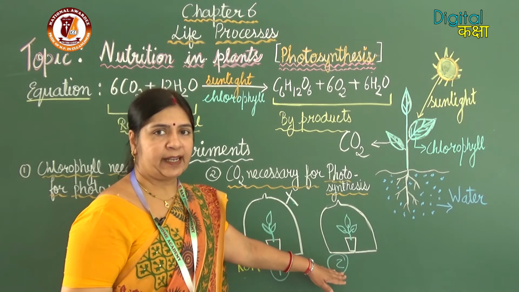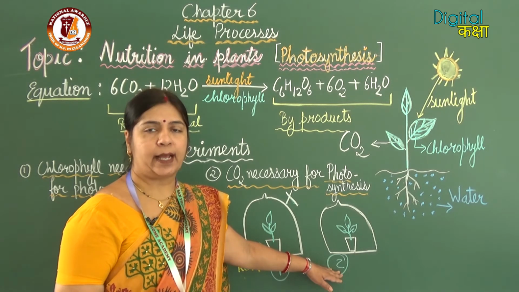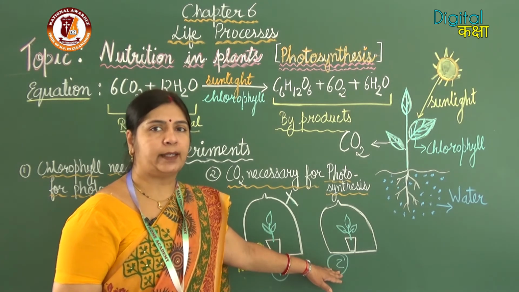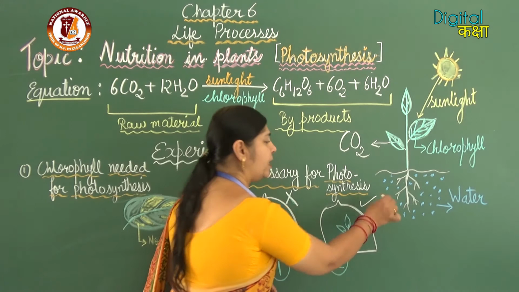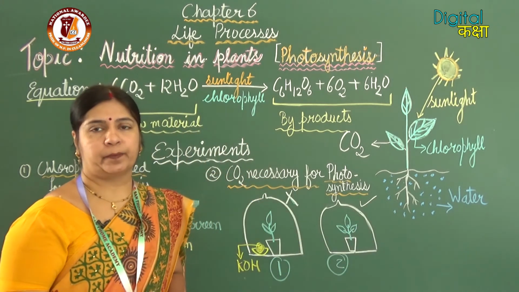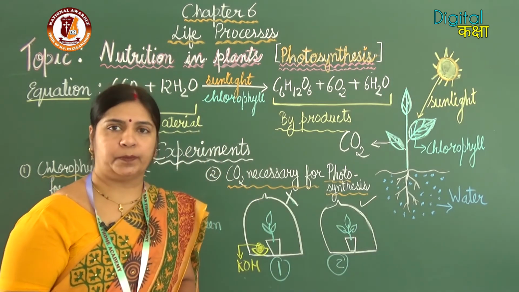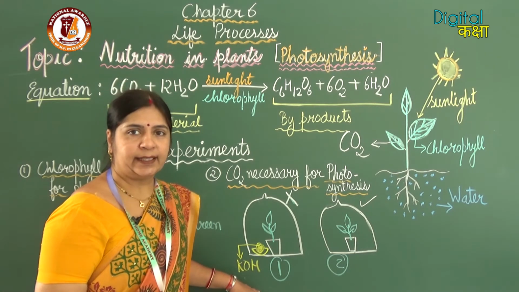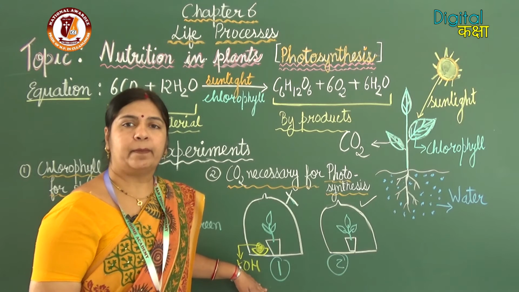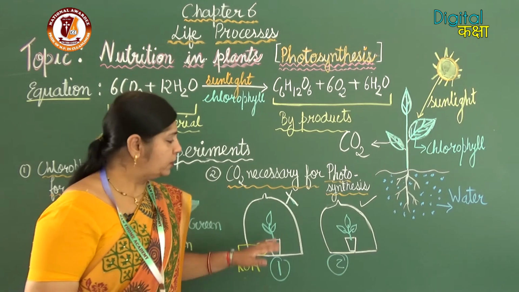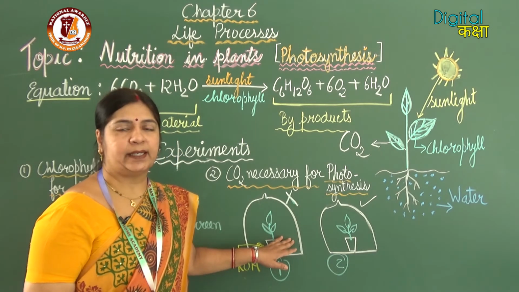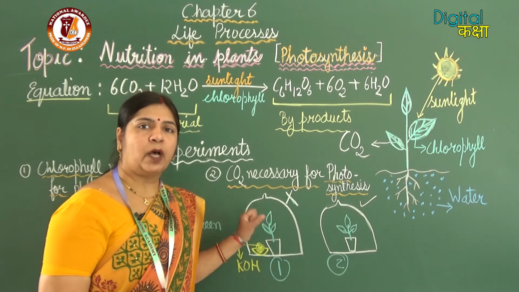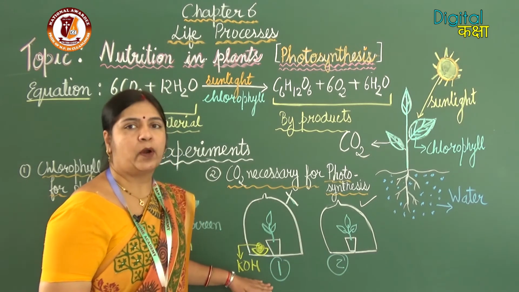And the second leaf, where the potassium hydroxide is not there, will show color change. Why is it so? It is because potassium hydroxide absorbs carbon dioxide. So whatever carbon dioxide is present inside will be absorbed by the potassium hydroxide.